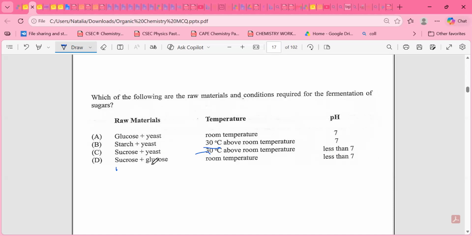The reason being is that the yeast would not be a raw material. The yeast would be a catalyst. So I don't know, I think this question is weird, but for right now, at this moment, this is what I'm selecting.